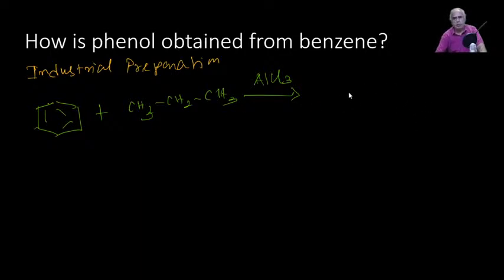You are able to get, Friedel Crafts alkylation takes place. Alkylation in this case gives isopropyl benzene. Okay, so this is called cumene.